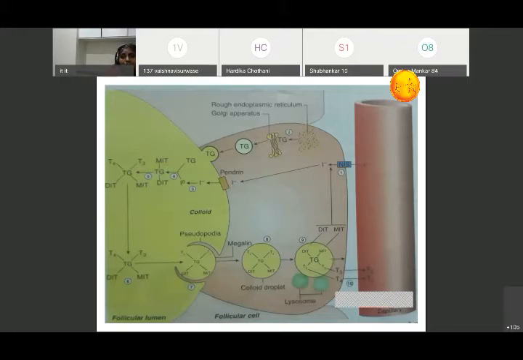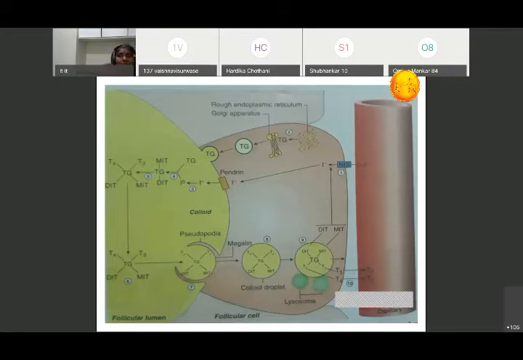And how does thyroglobulin synthesis occur? By the rough endoplasmic reticulum and Golgi apparatus. And this iodine and thyroglobulin go into the follicular cavity.